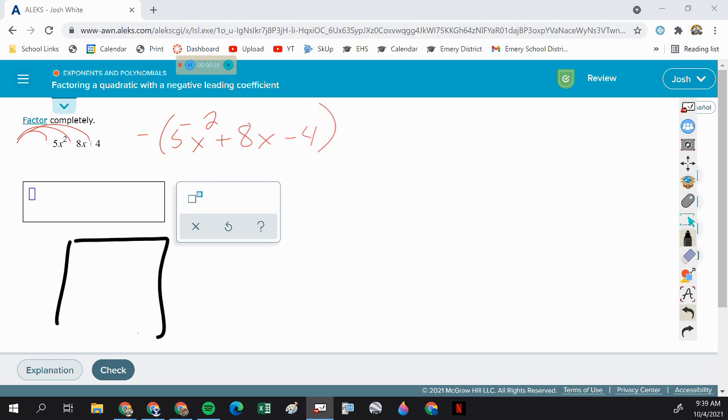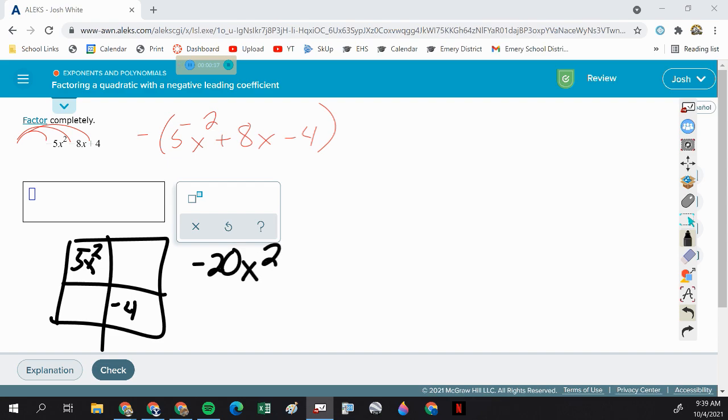Put that in the box. 5x squared and negative 4. Multiply those together. Negative 20x squared. Are there factors of negative 20 that add to be 8? Negative 2x and 10x.